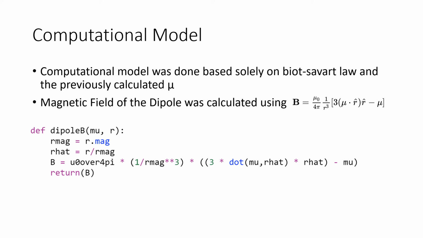And then we just basically plugged in this formula, mu naught over 4 pi times 1 over r cubed times 3 times mu with the dot product of r hat times r hat minus mu.